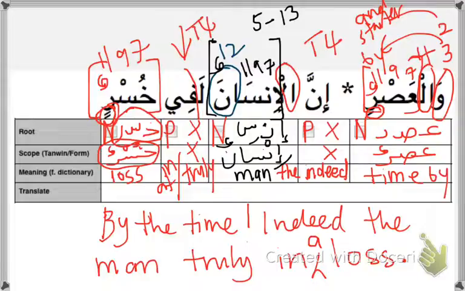So when we translate this, we would need to do some adjustments. By the time doesn't sound right, even though al means the. So what you do, based on rule 6 of rules of translation, al is either the, but when the is not appropriate, you change the noun into a capital, so it becomes sort of a proper noun, so it becomes by a time instead of by the time.